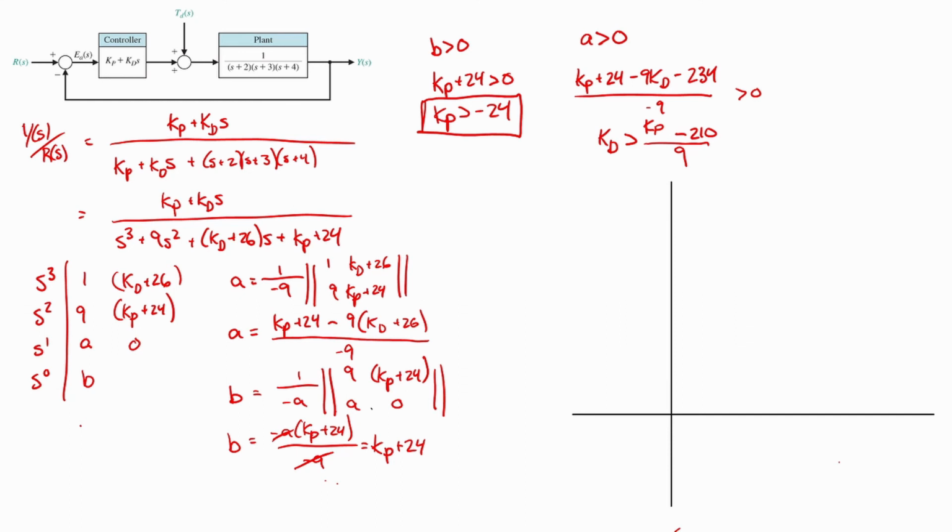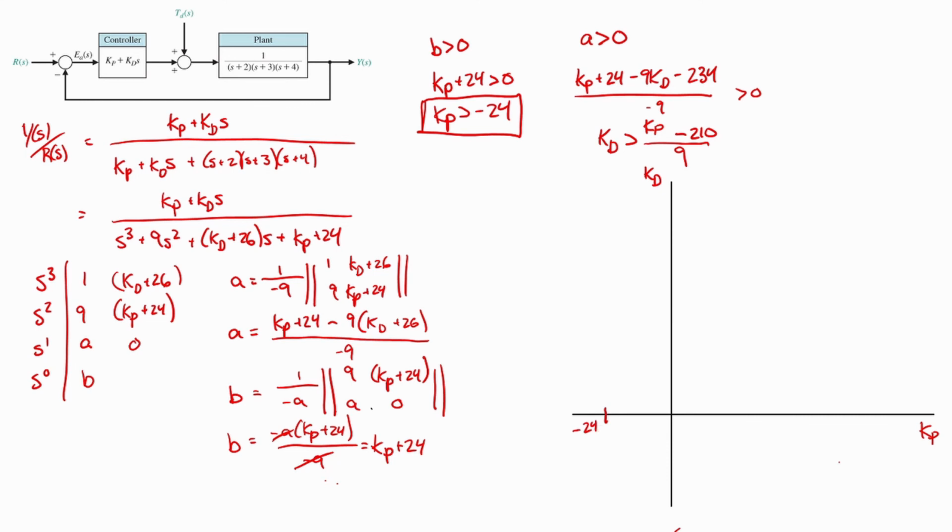So what we can do now is plot it on a graph, so we can see what range of Kd and Kp together can achieve. Alright, so the first thing is we know Kp always has to be greater than negative 24. So we're going to label this negative 24.